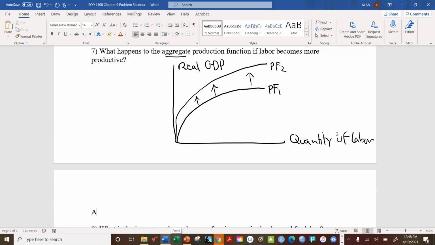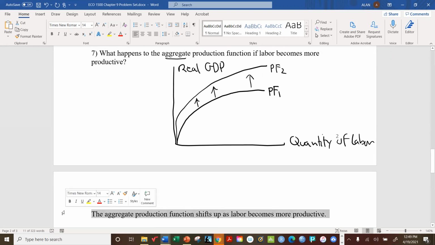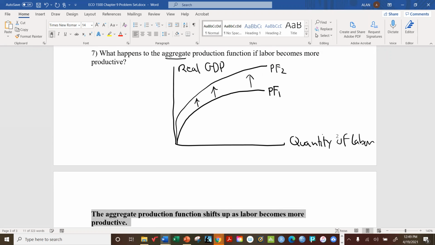So the aggregate production function shifts up as labor becomes more productive. And you can see that that results in a higher level of real GDP for any quantity of labor that we use in the economy. And that's excellent news. Okay. Productivity. Okay. That's the important detail. When it comes to standards of living, it ultimately comes down to productivity.